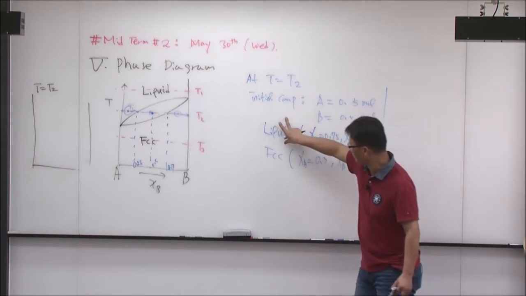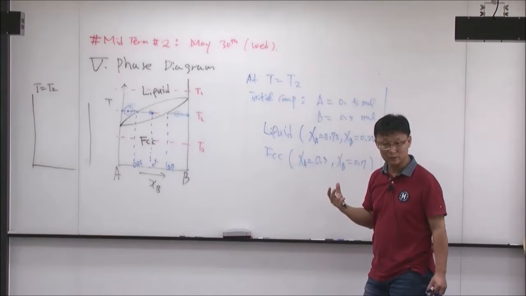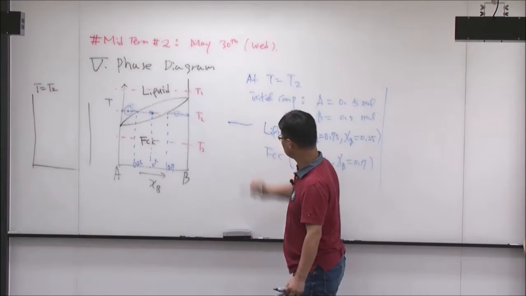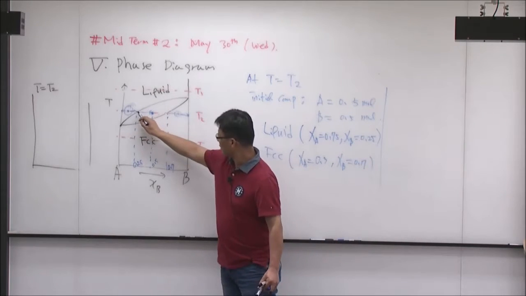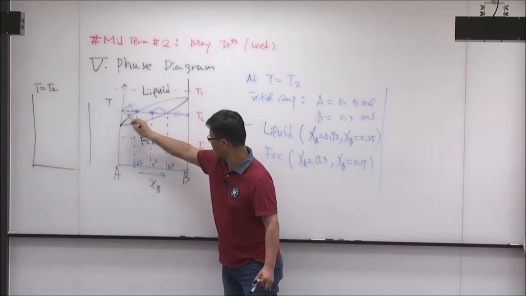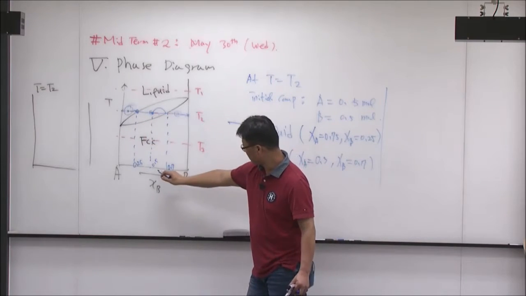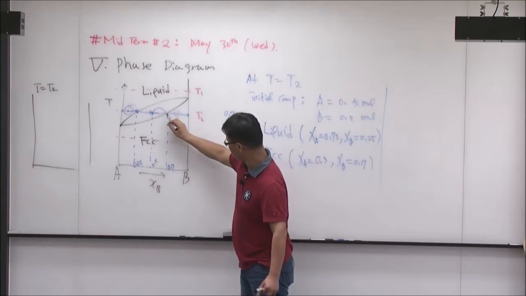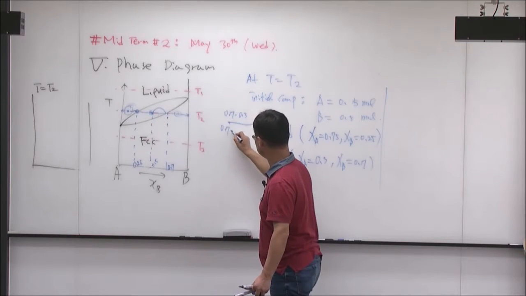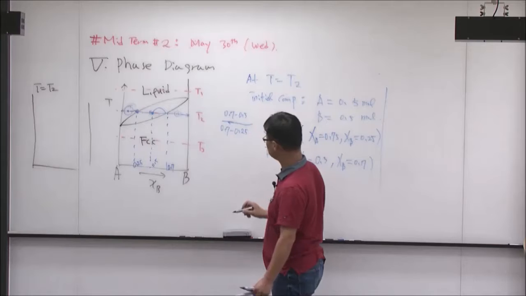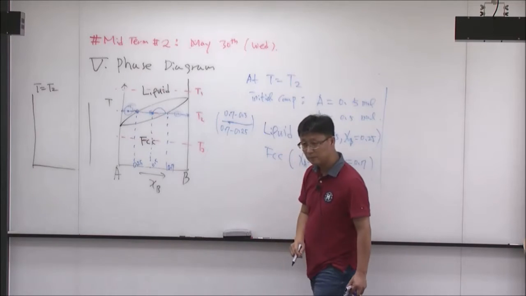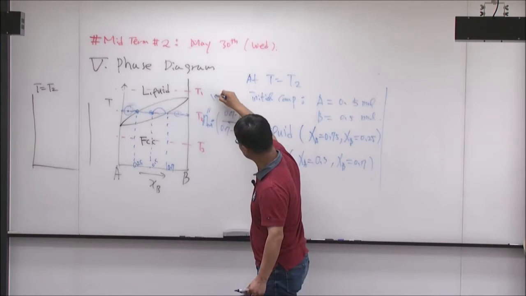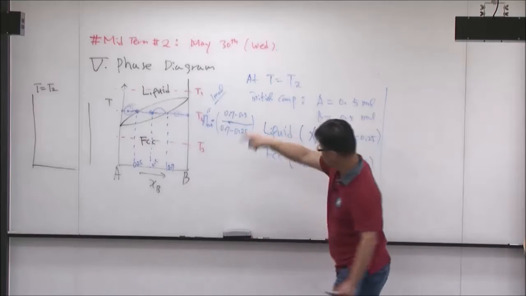But I haven't said how much of each phase exists here. The total number of moles is 1 mole. The liquid phase amount is this length divided by the entire length: 0.7 minus 0.5, over 0.7 minus 0.25. This is the fraction, times N total, and the total in this case is 1 mole. Two together make 1 mole.